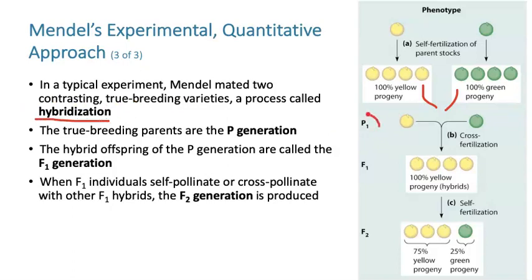And when he did that, he was doing something that he called the P generation. Now, P stands for parental, not the pea plant. So just be aware, if you're listening and not actually looking at things, that this is called the P generation, the letter P. P for parental in this case, not P for pea plant. So remember that these are both offspring of true breeders, and they're true breeders themselves.